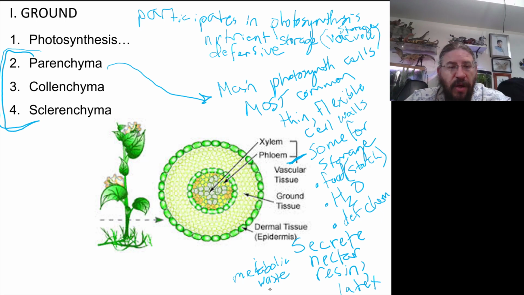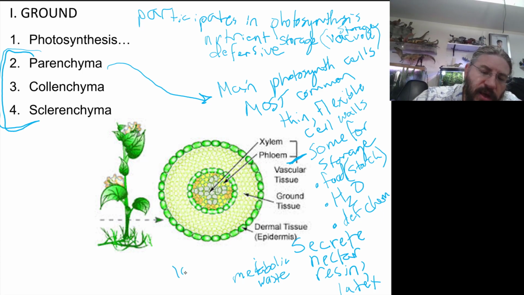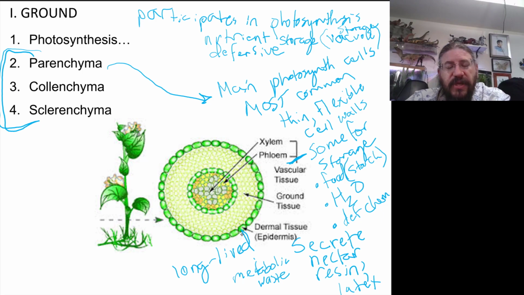In those trees that can live longer than 100 years, a lot of their parenchyma are going to live the same lifespan of the tree. A lot of them are not going to die and be replaced. They're just going to chill with the tree. So these are potentially extremely long-lived cells, depending on how long-lived the parent plant is. So that's pretty cool. That's all parenchyma.